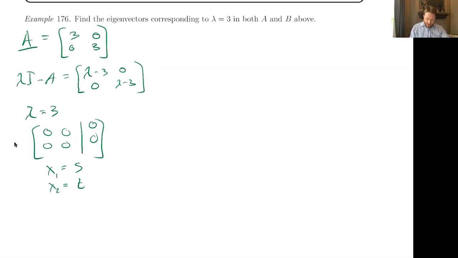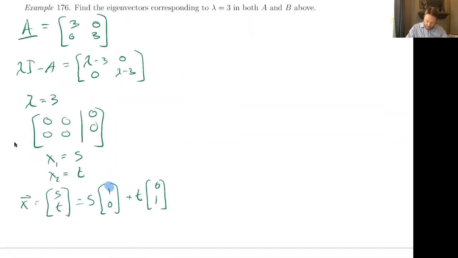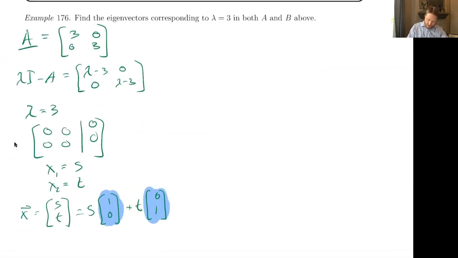So the eigenvector looks like (s, t), which is s times (1, 0) plus t times (0, 1). And so what I get here is 2 eigenvectors. Okay, so I got 2 eigenvectors that went along with that one eigenvalue, right? And that was the situation.